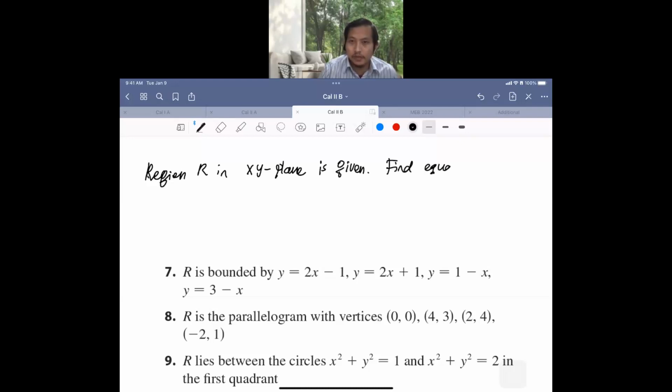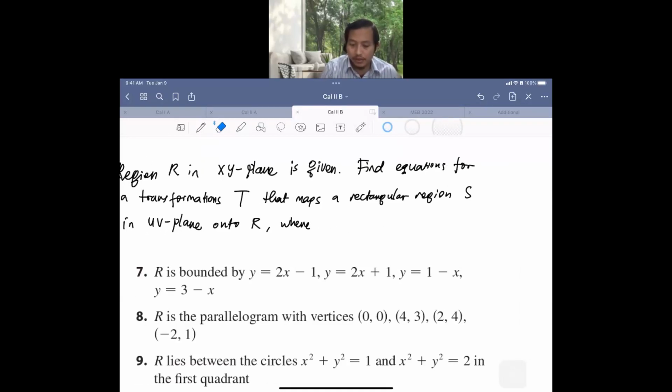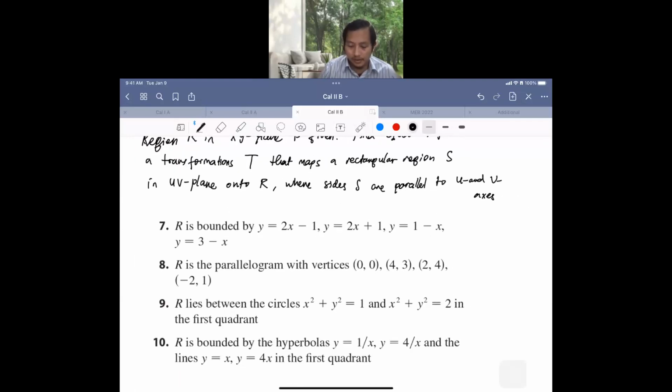Find equations for transformations T that map a rectangular region S in the UV plane onto R, where the sides of S are parallel to the U and V axes. Okay, and this is the question.